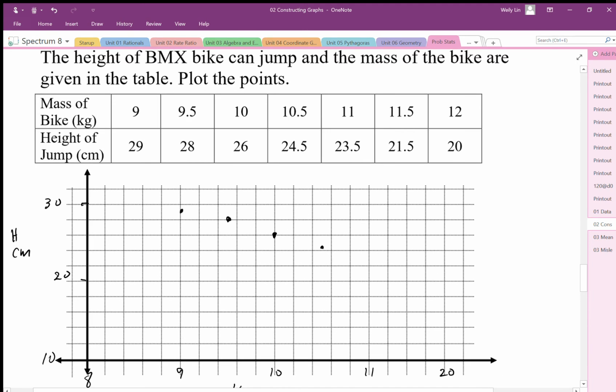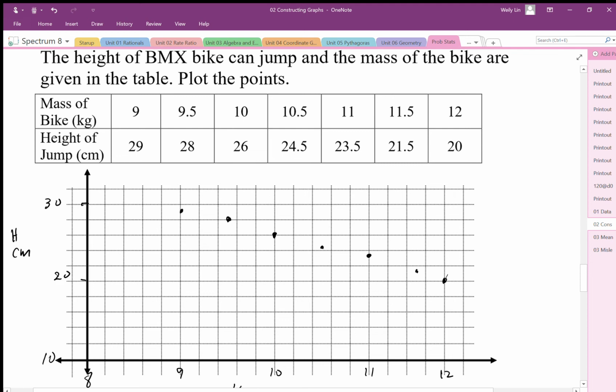And 11 is going to be 23 and a half, so 23 is right about there, and 23 and a half, maybe somewhere around there. At 11.5, we're going to be 21 and a half, somewhere around there. And this is 12 here, 12 kilograms.